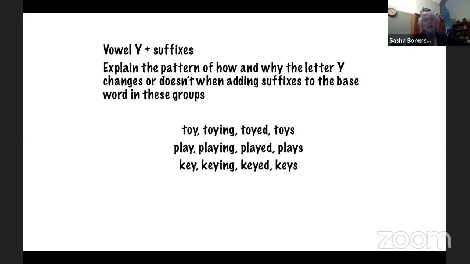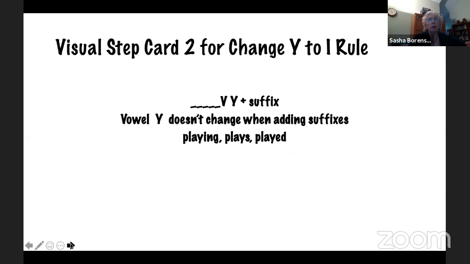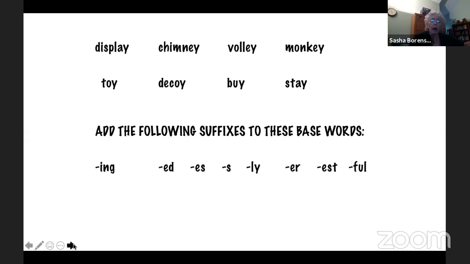You can see that in the word toy. If I'm adding -ing, a suffix that begins with a vowel, I don't change anything. And if I put an S on there, I still don't change it. So when you have a vowel in front of the Y, you don't change the Y.